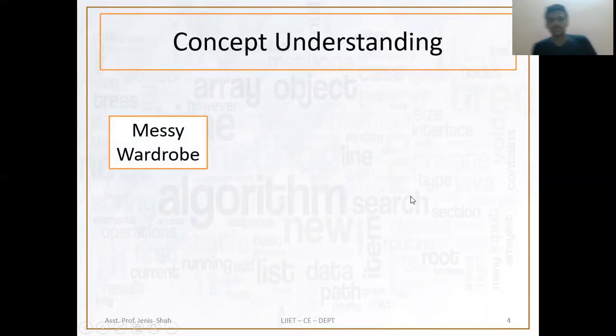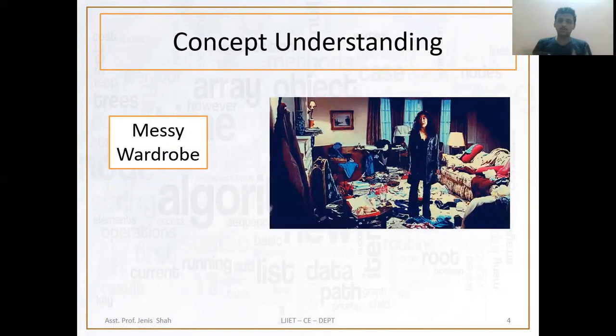Messy wardrobe. Now, I'm going to give you one example with a messy wardrobe. In your home, if your wardrobe is not properly arranged, what happens? You are not able to find the right thing, and you shout at your mom, 'Mom, where is my shirt? Where are my jeans? Where is my watch? I'm not able to find anything.'